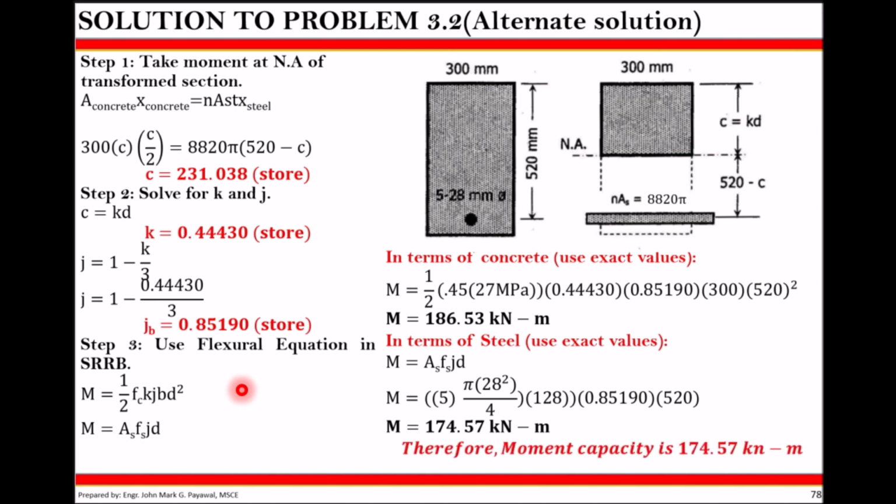Therefore, the final answer is that the moment capacity is equal to 174.57. So I hope that you understand these sample problems, and using the latest formula under working stress design principle, SRRB, and the criteria and guidelines for the analysis.